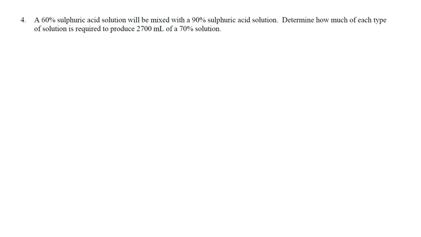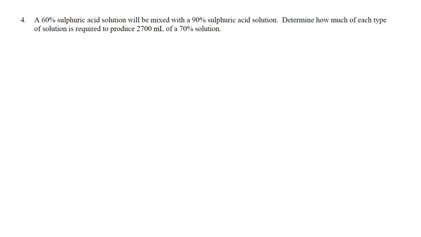And what's the highest you can get? 90. So if I mix them 1 to 1, we're going to end up with 75%. Okay? But we want to get a 70% solution.